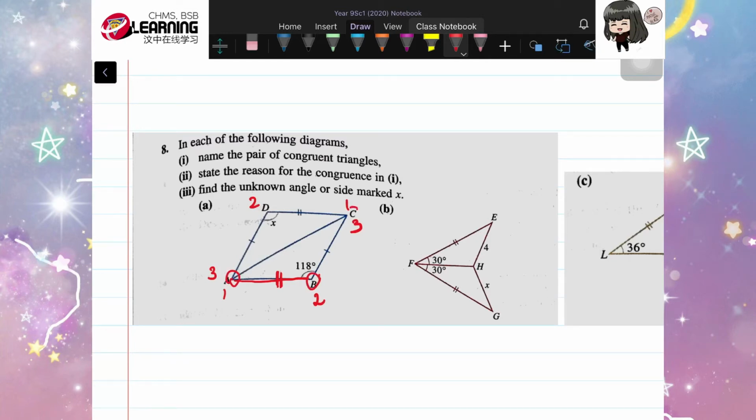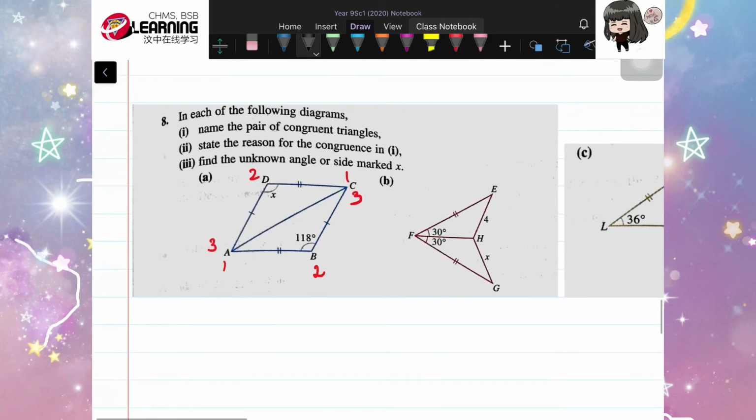So if we start off with A and go to B, then C goes to D. You see the numbering there? No wonder the students prefer numbering to alphabet. So the first one A, the other first one is C. If your second one is B, your second one for the other triangle will be D. The third one, if it's C, then the other one is A.